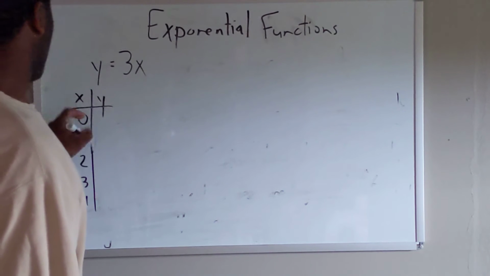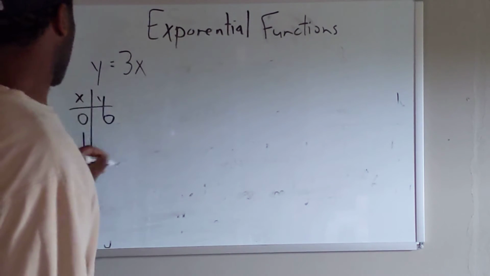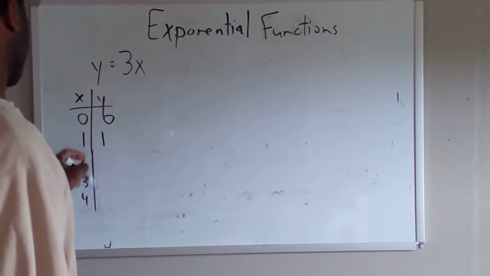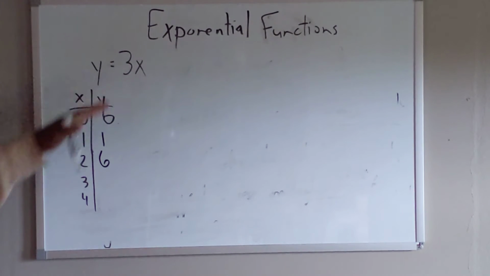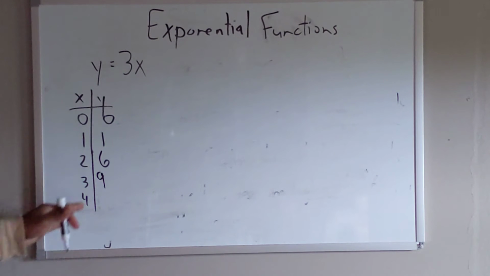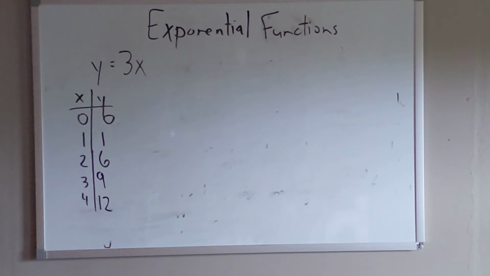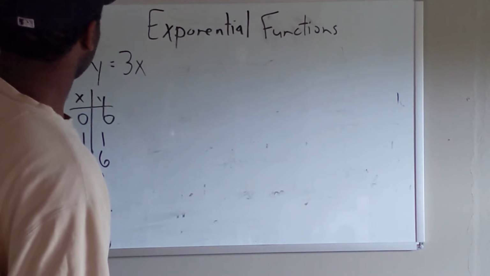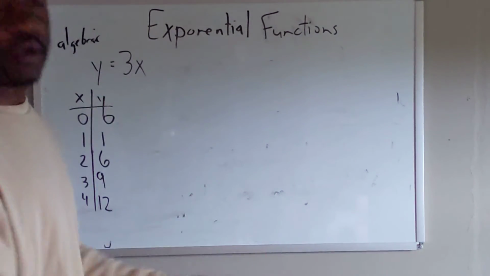Three times 0 is 0. 3 times 1 is 3. 3 times 2 is 6. 3 times 3 is 9. And 3 times 4 is 12. Okay? This is algebraic, which means it's a linear function.